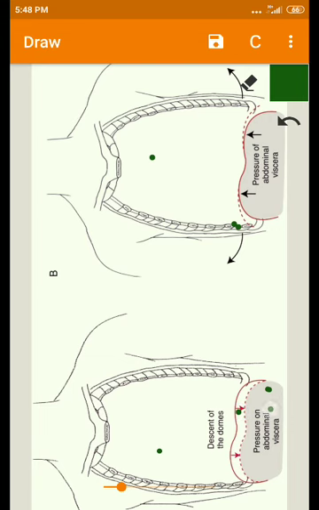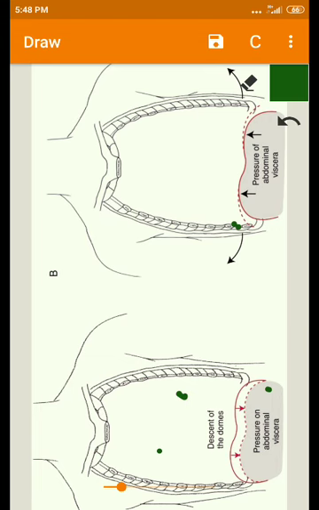Then what happened to the space inside the thorax? The space inside the thorax increases. If the space inside the thorax increases, what about the pressure inside? Pressure increases or decreases? Definitely the pressure is going to decrease because the space is increasing. So the intrapulmonary pressure which is already present in the thorax is going to decrease.